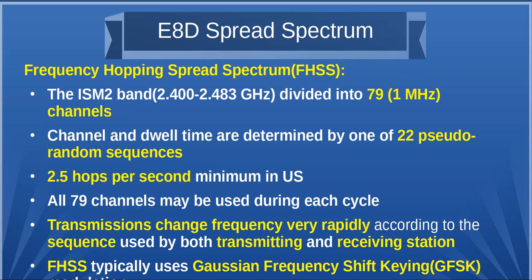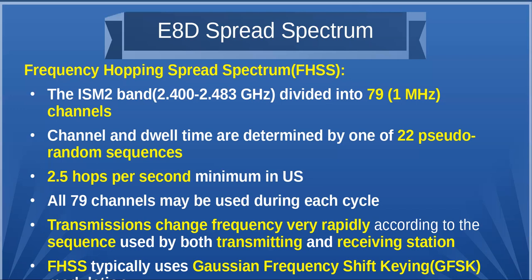And it may go through all 79 channels in a transmission. So those patterns determine how many of the different channels are used and how often. So it makes it very hard if you don't know the pattern in order to receive it, because you're just getting lots of wideband noise.